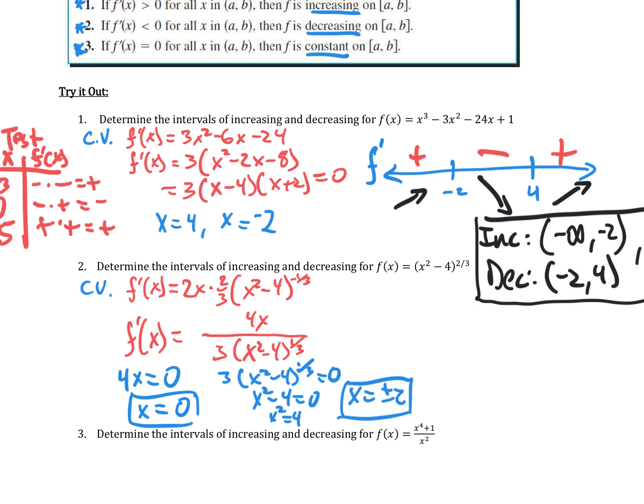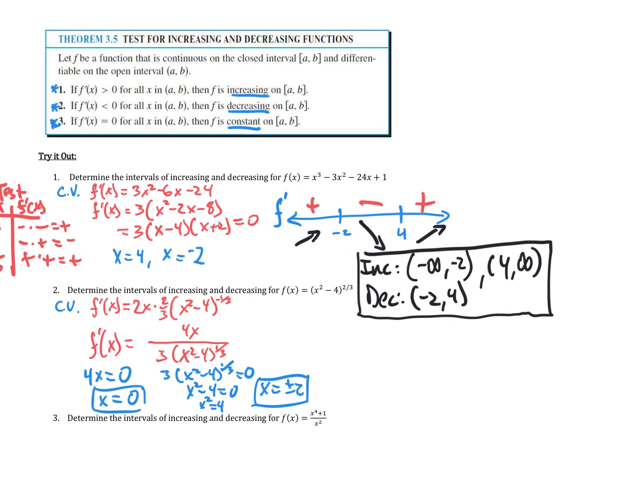So our critical values are 0 and plus or minus 2. So that gives us our numbers that we need for our derivative number line. We've got negative 2, 0, and positive 2.